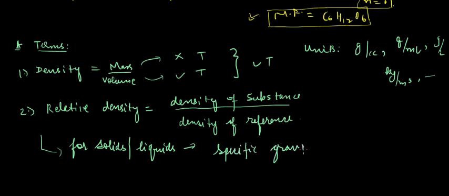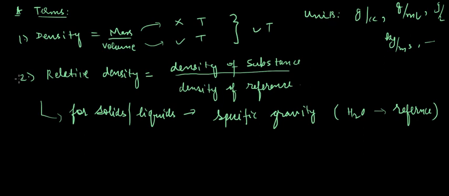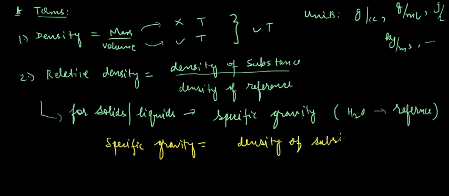And the reference we are using is H2O. Okay, so specific gravity in the case of solids and liquids would be density of substance divided by density of liquid water at 4 degrees Celsius.